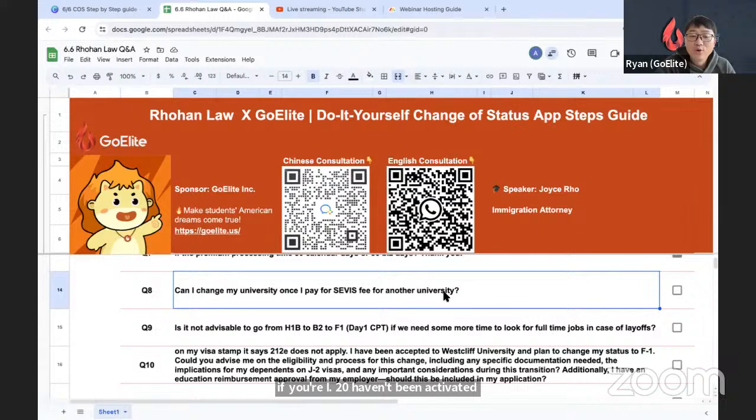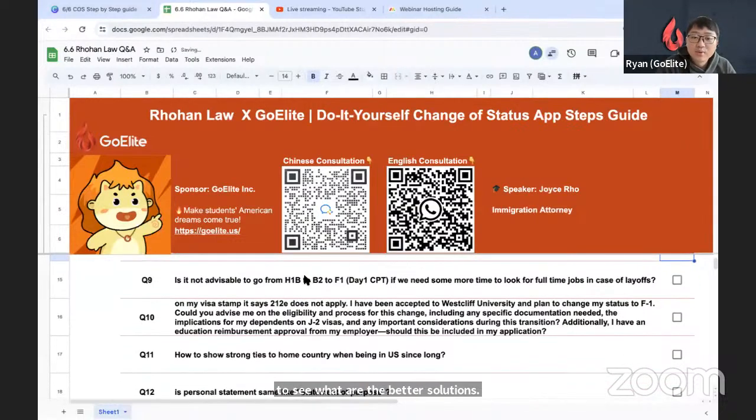But if you already transferred your SEVIS to your new university and you want to apply for another school, you have to tell the current school to transfer you out again to the other school. So there is some specification about this. I strongly recommend you scan the code and talk to our consultant to see what the better solutions are. All right, moving on.